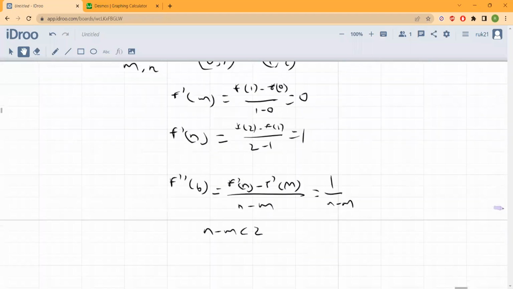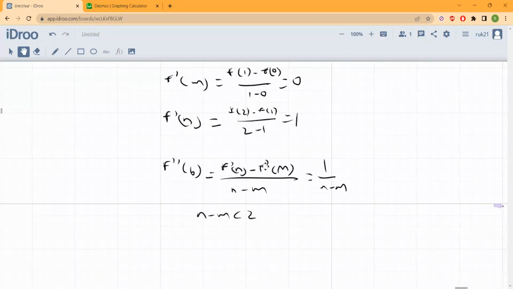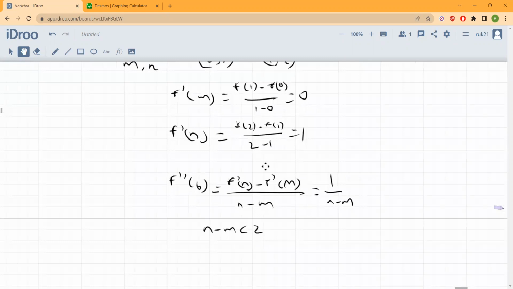So then, since this is smaller than 2, we know that f prime at B has to be greater than 1 over 2. Hopefully that made sense.